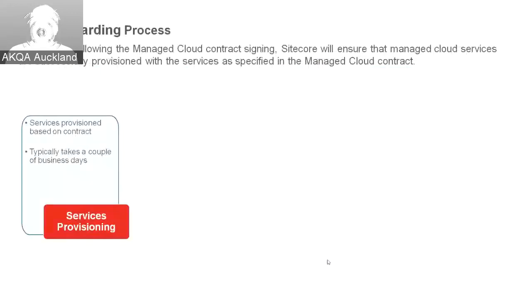Okay, so this is the main step in this engagement, which is the onboarding process. When your contract is done, as a partner and as a client, with the Sitecore Managed Cloud team, they will start provisioning the infrastructure for you.